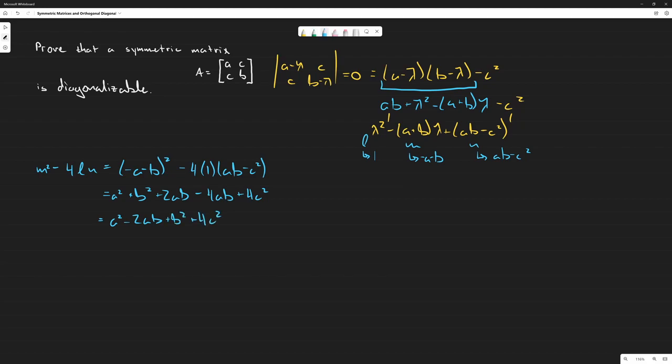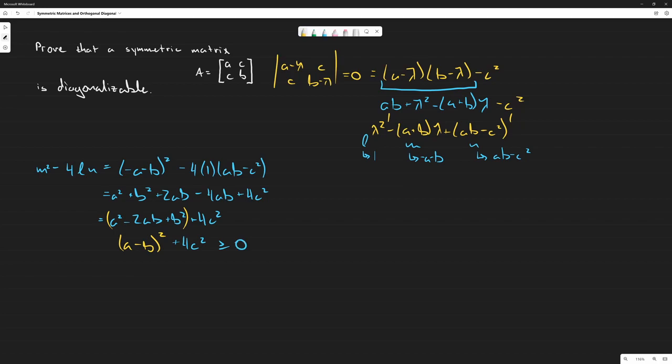What we can do here is factor or reduce this portion to (a minus b) squared, and then bring down the 4c squared, and that will be our discriminant. Because our discriminant is a sum of two squares, that is a very good thing, because this tells us that this expression will always be greater than or equal to 0.